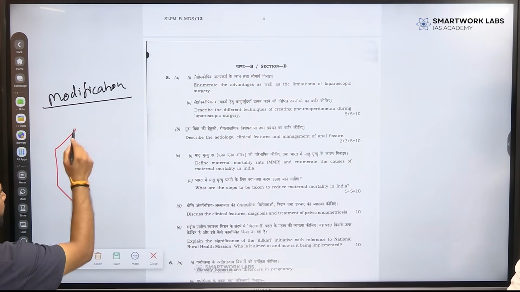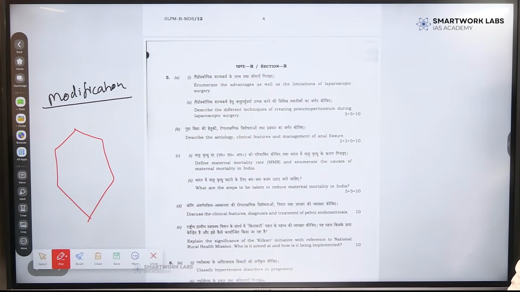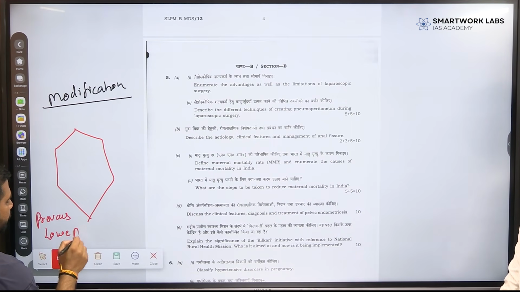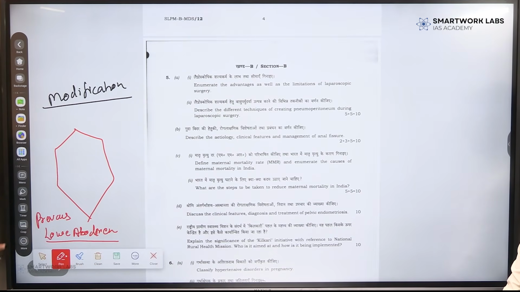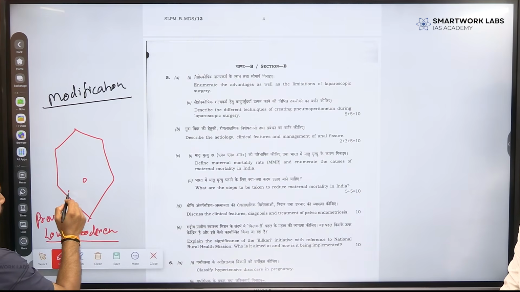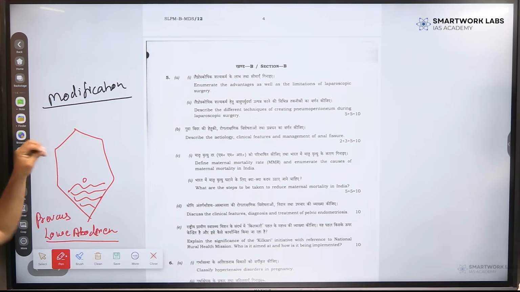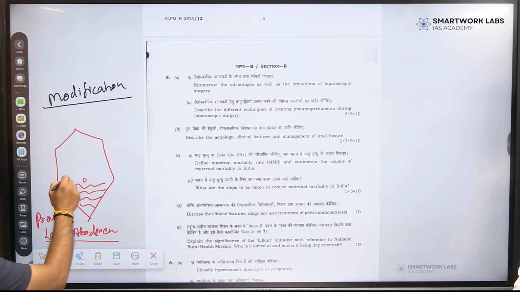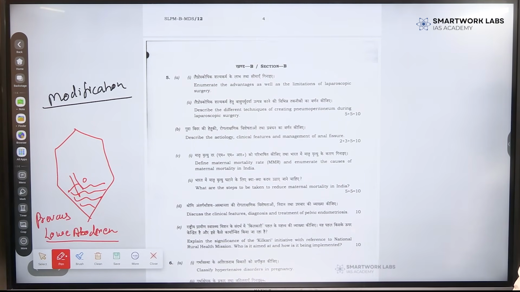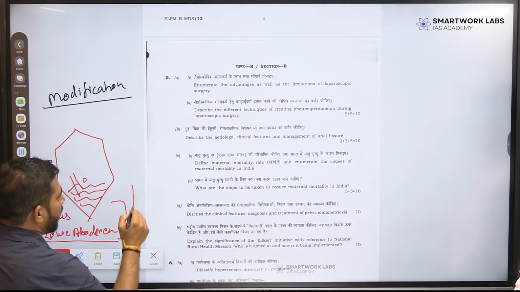You can write a case scenario as you write in ethics, or you can simply mention previous lower abdomen surgery. This makes you get extra marks. In previous lower abdomen surgeries, there is dense adhesion, and if you go with the blind procedure, you can injure the intestine or any other organ. So we use the Palmer method.